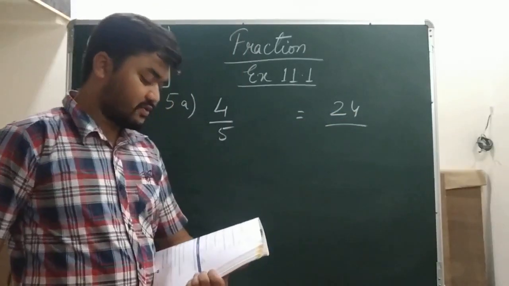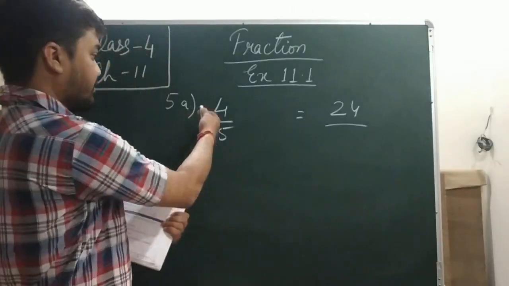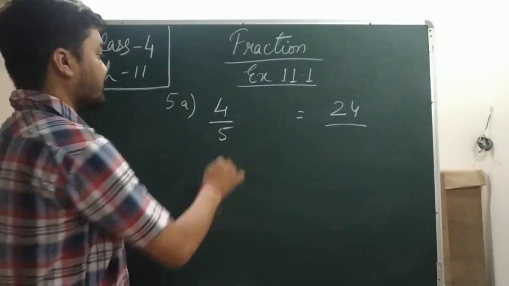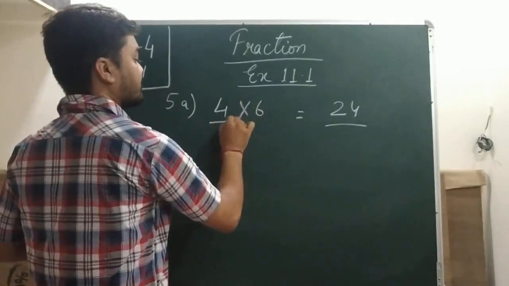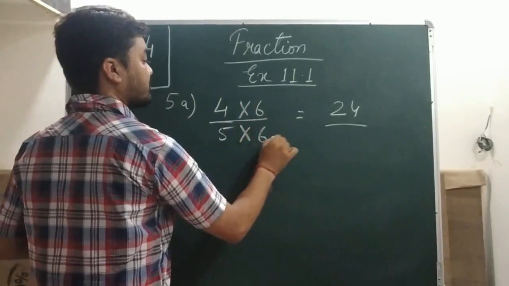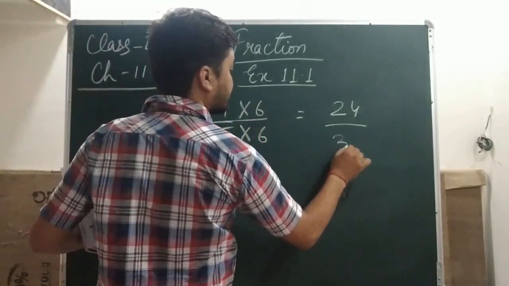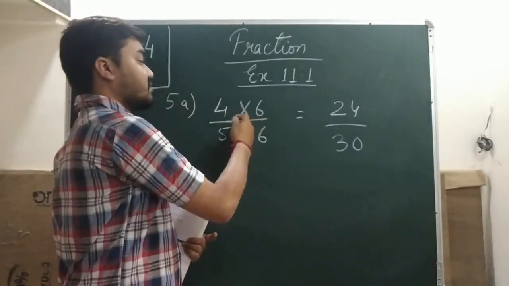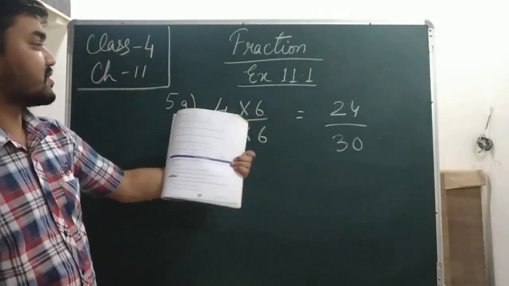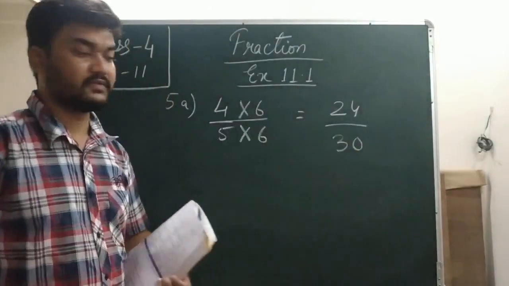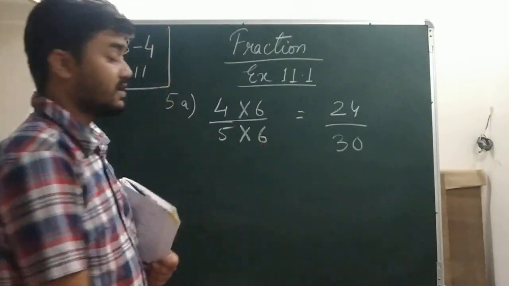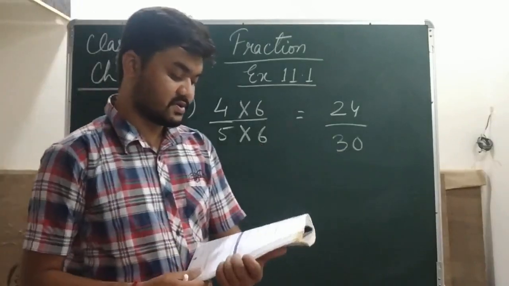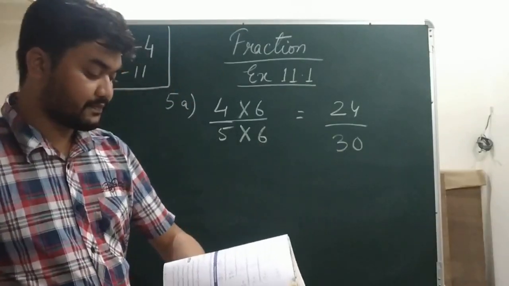So with what do we have to multiply the numerator, because in the numerator we have to bring 24? With what do we multiply 4? 4 into 6. This is your answer. Okay. See, we have multiplied number 4 with 6 to bring 24. So the similar number we are multiplying with the denominator. So this is your answer. Like this, all the questions you have to do.